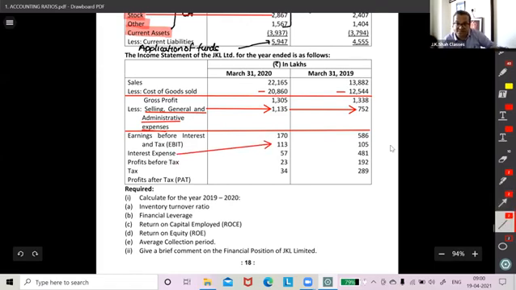They are subtracted. Okay. So now you have a total to come over here, which is going to be a profit before tax. This is tax. So this is profit after tax.